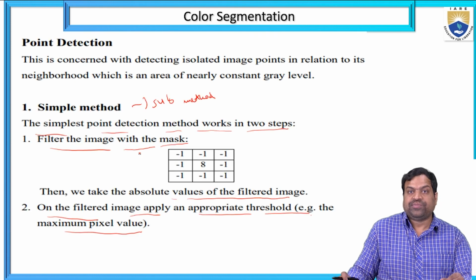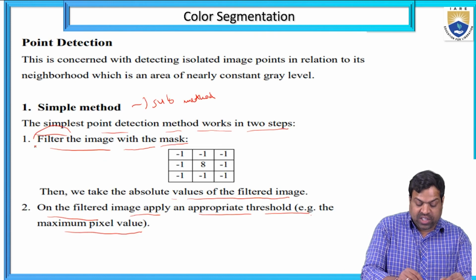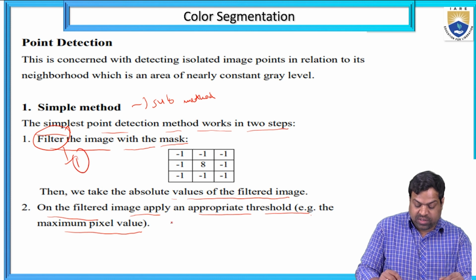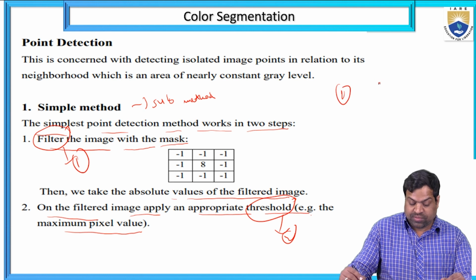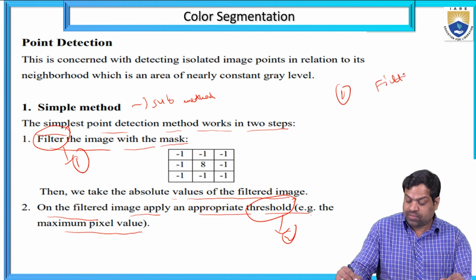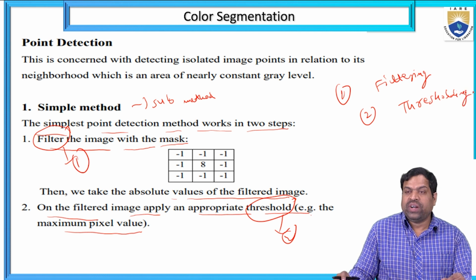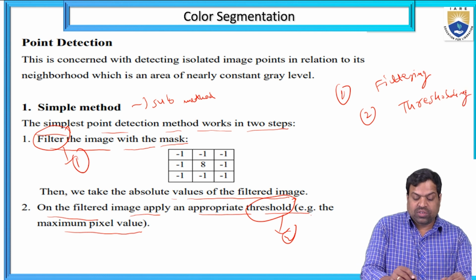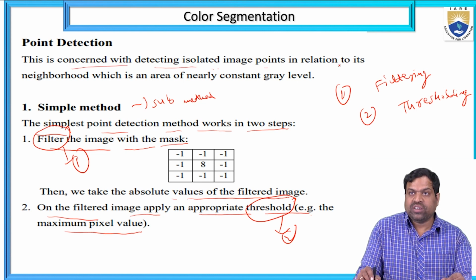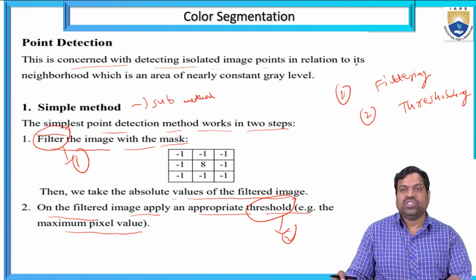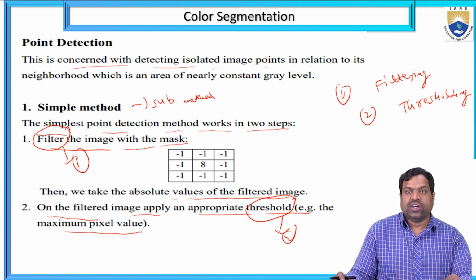So here the filter is the first method and we are applying the thresholding levels. It is concerned with detecting isolated image points in relation to its neighborhood, which is an area of nearly constant gray levels.